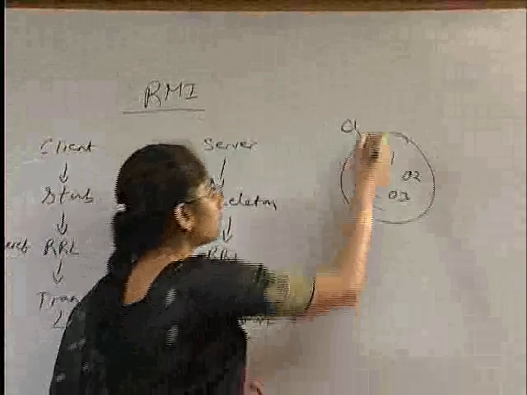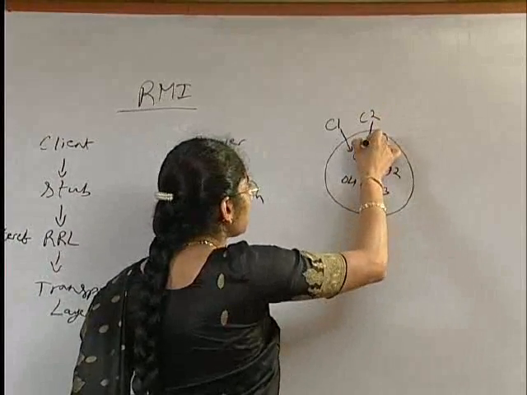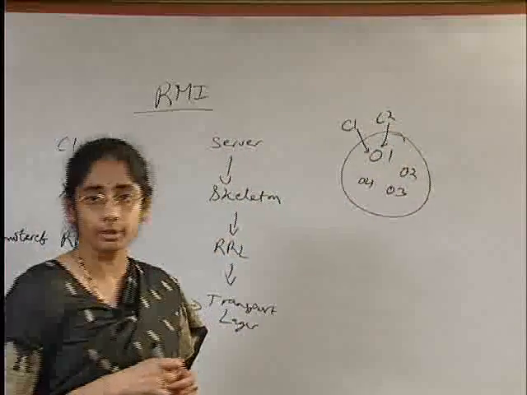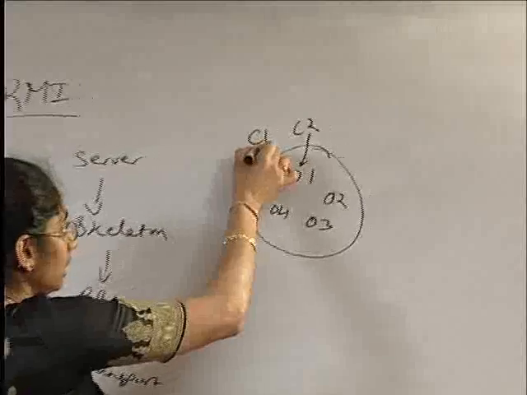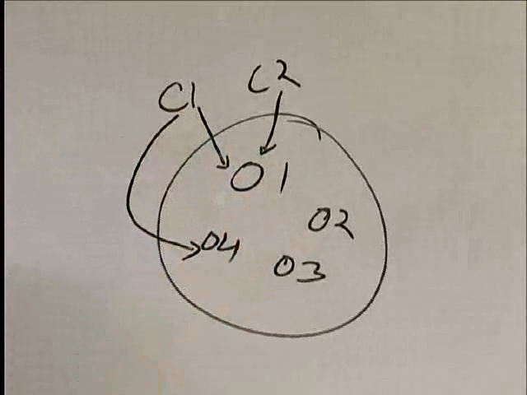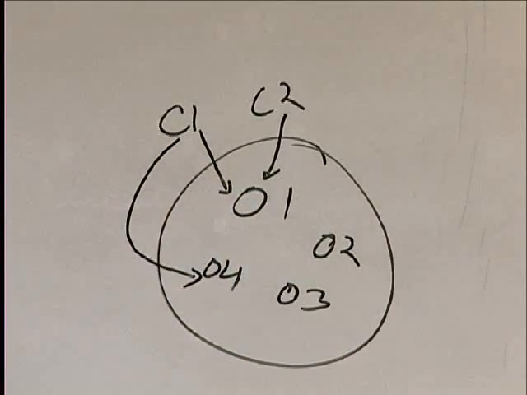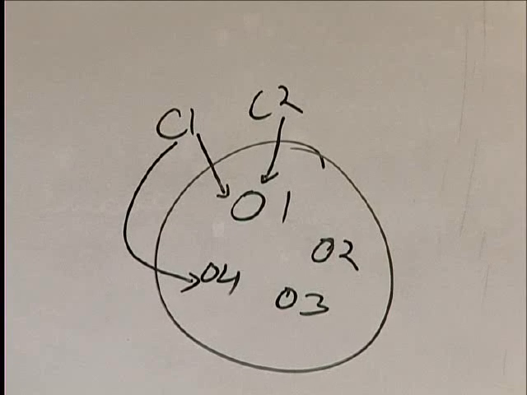If I have another client, for this client again another socket is opened to communicate with that object. Similarly, if this client wants to talk to another remote object, another socket is opened to talk to that object.